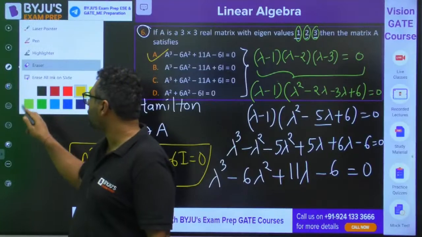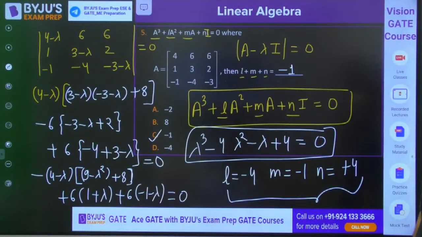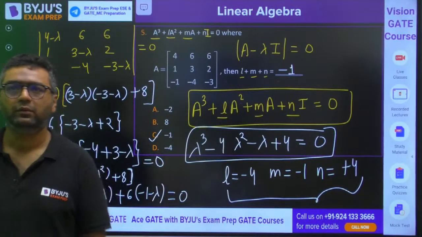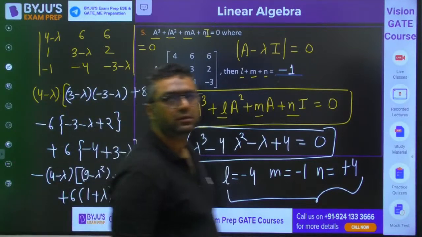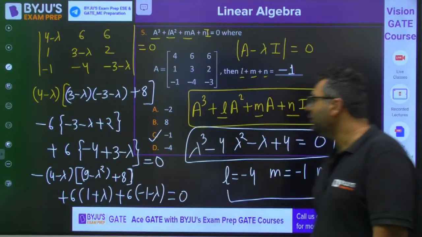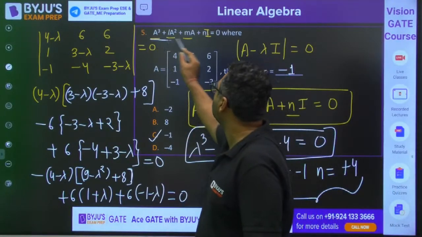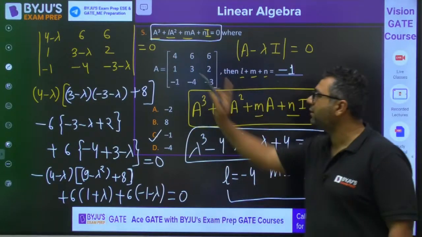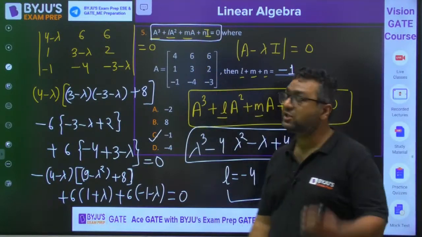Okay, so Aritro, are you asking about this question? Yes, Vipin. So in this question, what we have done actually, they have given us this equation. So you know that if this equation is given and A matrix is given, if you want to find out such characteristic equation, what you do?